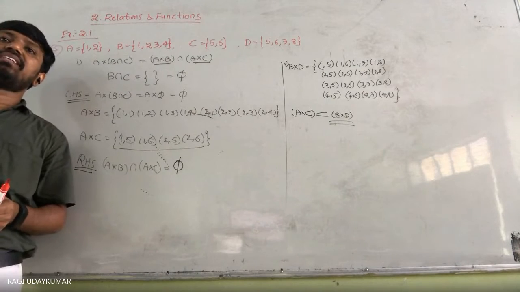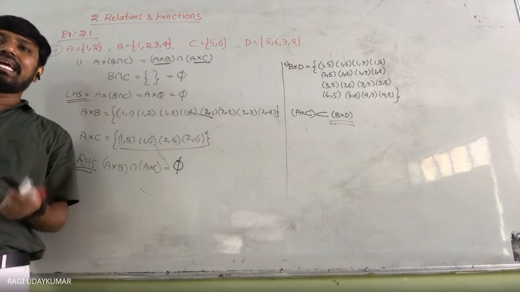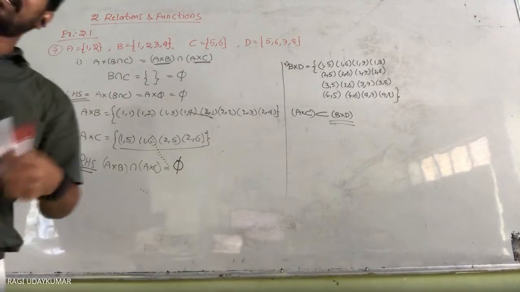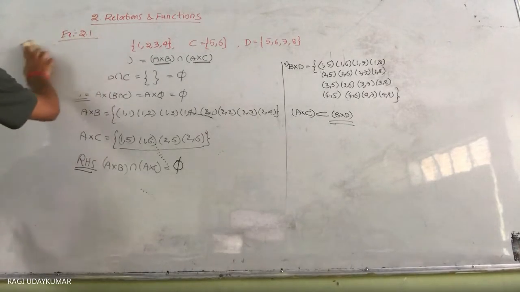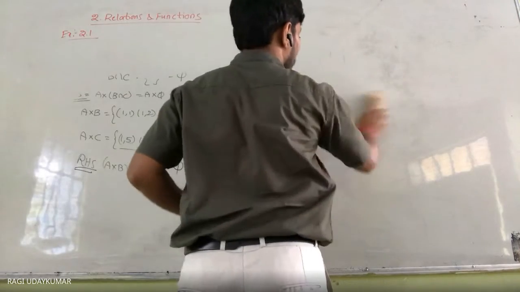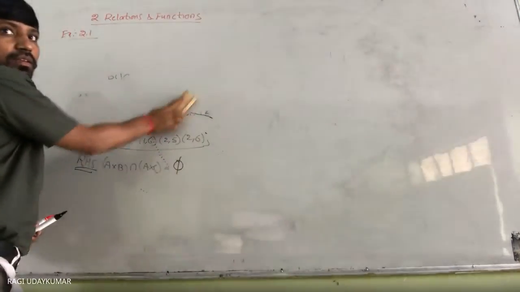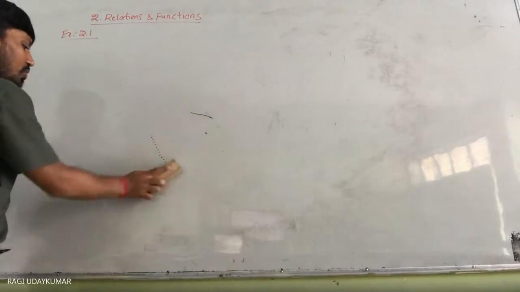The 8th question is here. A is equal to {1, 2}, B is equal to {3, 4}. Write A cross B. How many subsets will A cross B have, and list them. How many elements will be there in A cross B? 4 elements, 2 into 2.